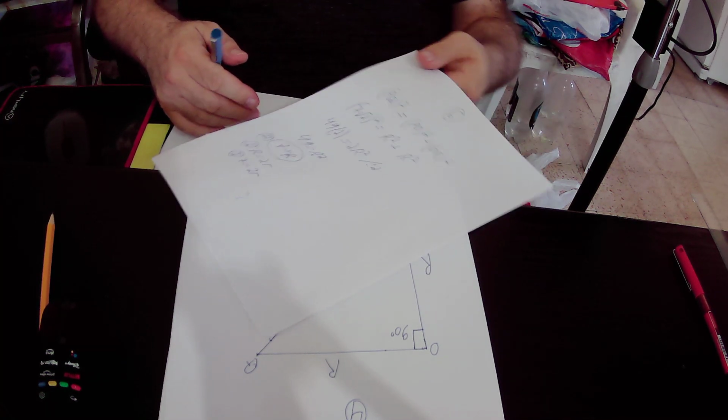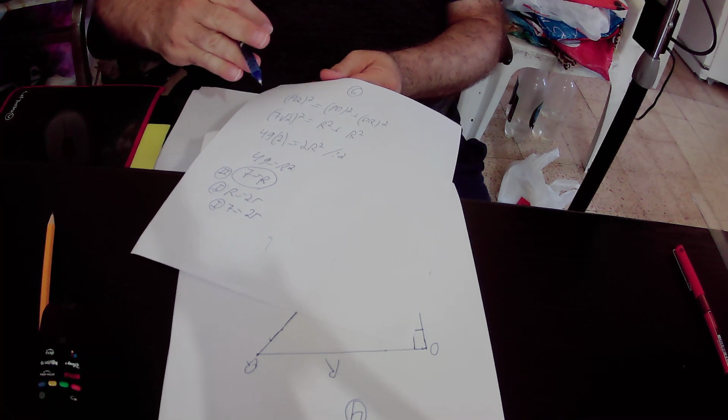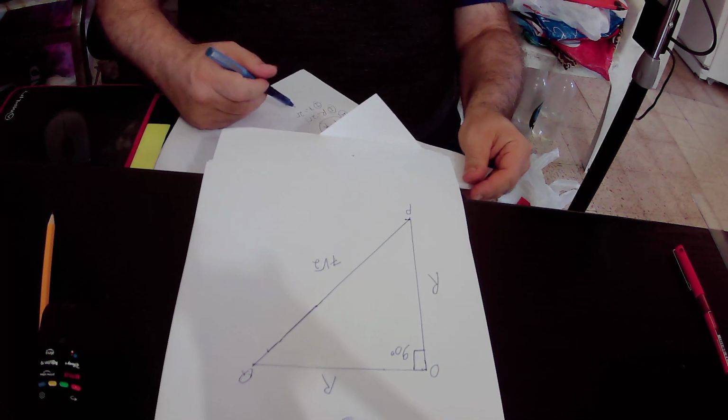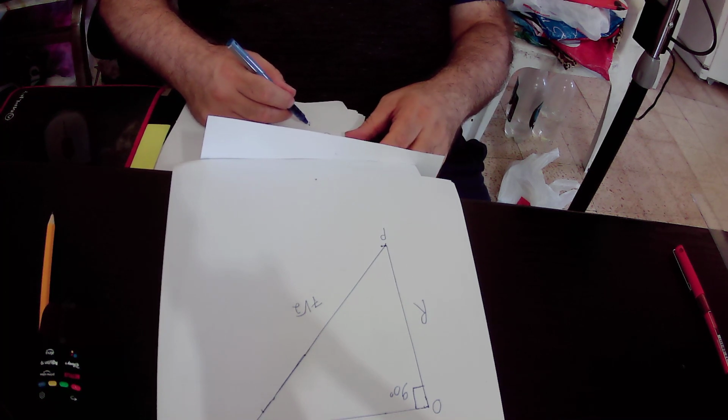So we substituted capital R by 7. We got that 7 equals to 2 times small r. We will divide the equation by 2. We will get that small r equals to 3.5 units.